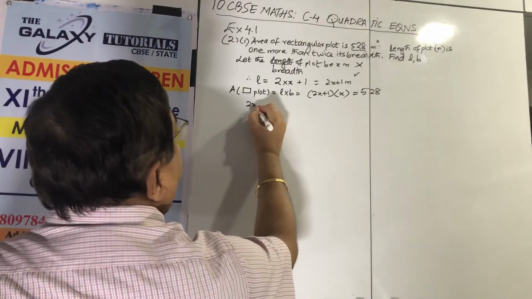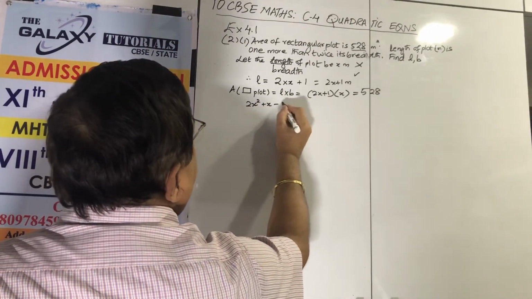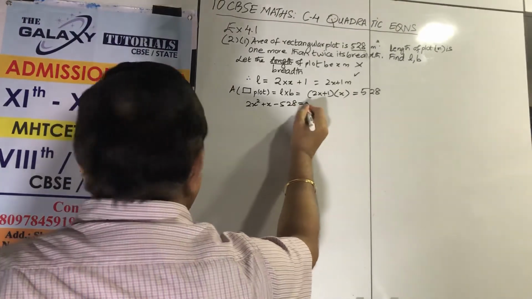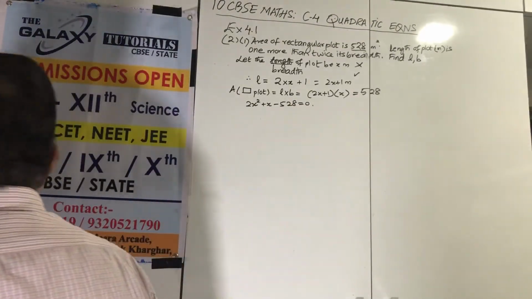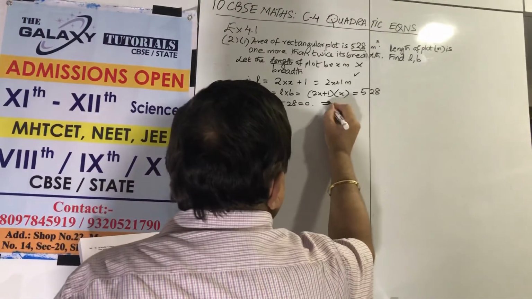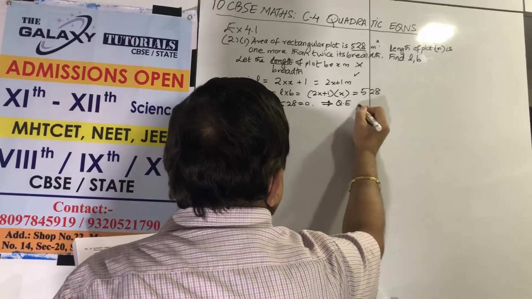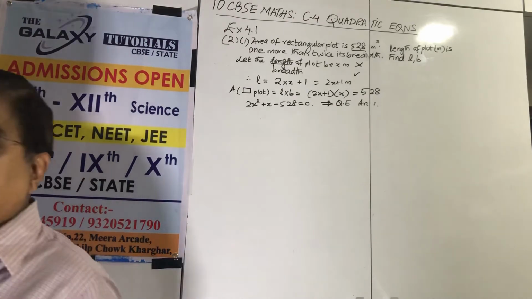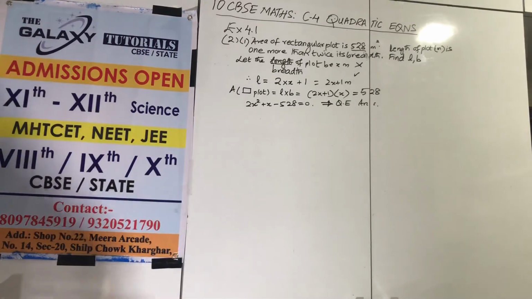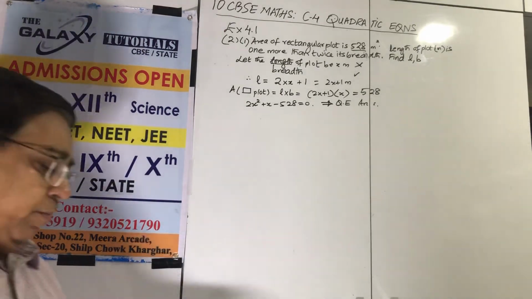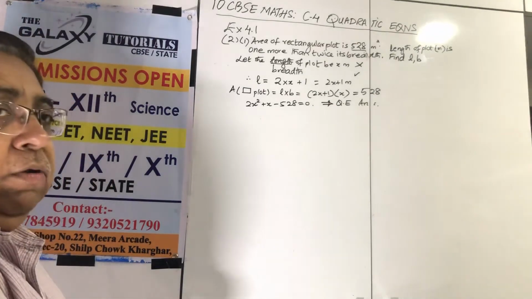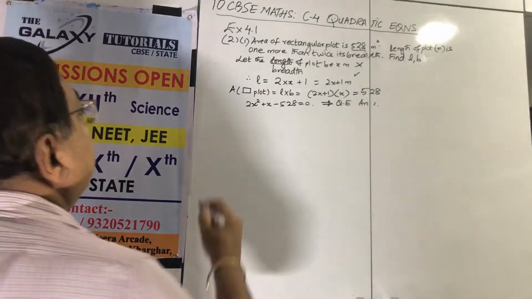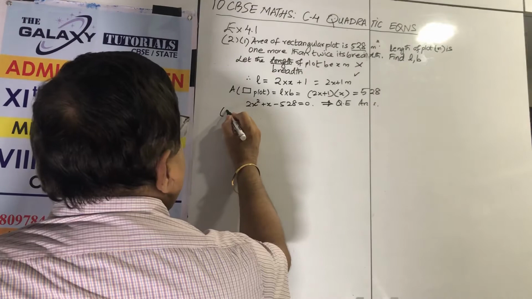So 2x square plus x minus 528 is 0. Okay. This is my quadratic equation. Answer. Okay, we are not told to solve the equation. We are supposed to form the equation. Be careful, my friends. We are not to solve. We have to form. We will, of course, solve in the next exercise.